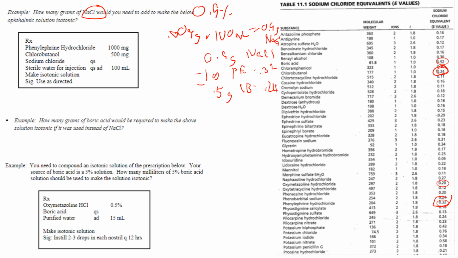And then the rest of this is just telling us to make it as directed. So those are only 2 ingredients again. So we do this math really quick. 0.9 minus 0.32 minus 0.12. We get 0.46 grams of sodium chloride as our final answer here.